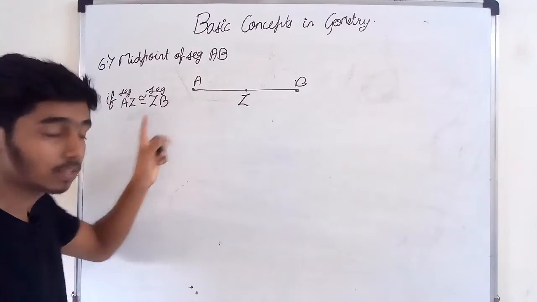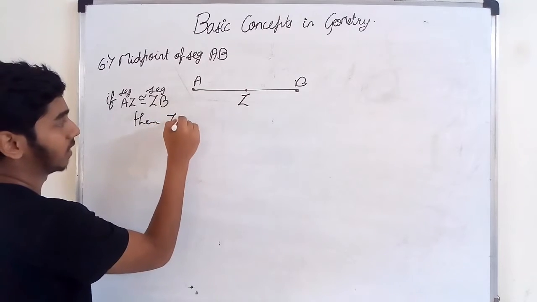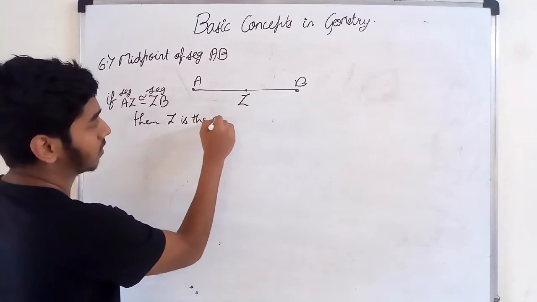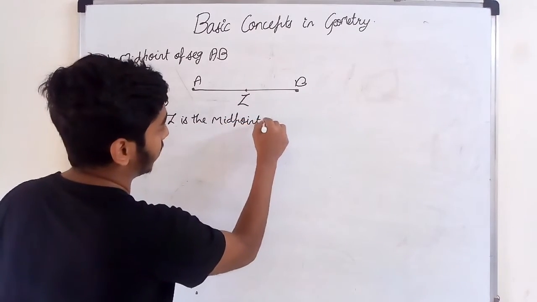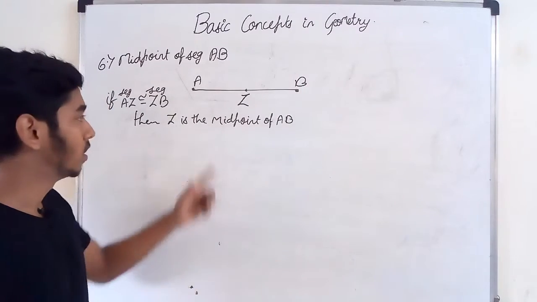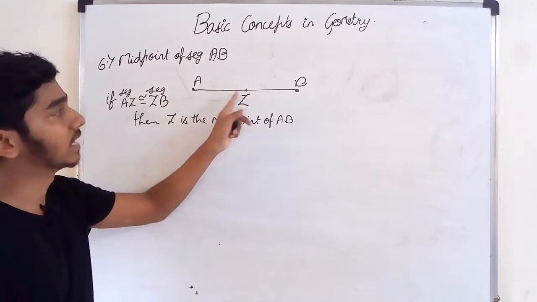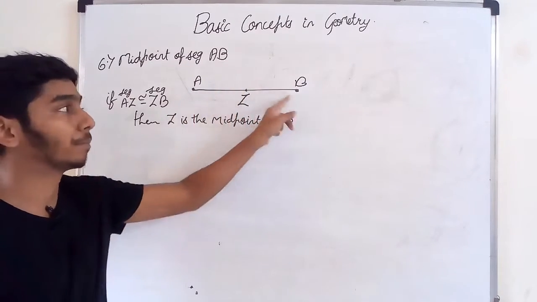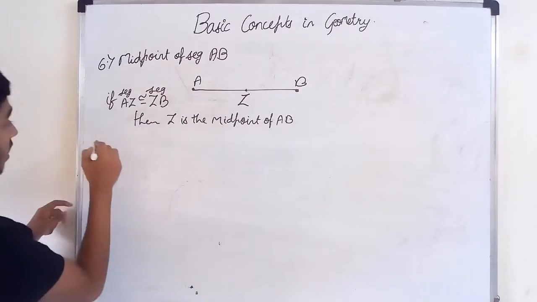If this happens, then we can say Z is the midpoint of AB. Correct? So if AZ and ZB are both congruent, then we can say that Z is the midpoint of AB. I hope you have understood this.